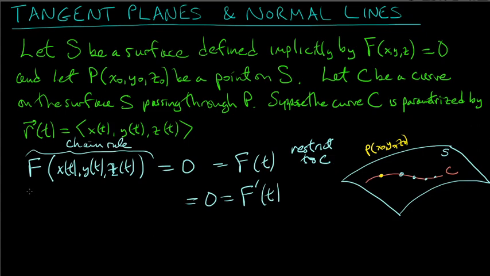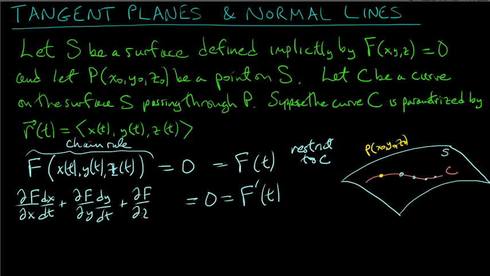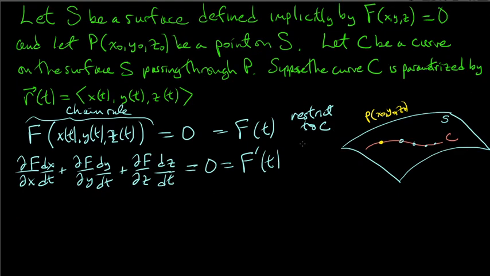I'll write it out the usual formal way. It's the partial of F with respect to x times the derivative of x, plus the partial of F with respect to y times the derivative of y, plus the partial of F with respect to z times the derivative of z. Again, all these x, y, and z are with respect to t.